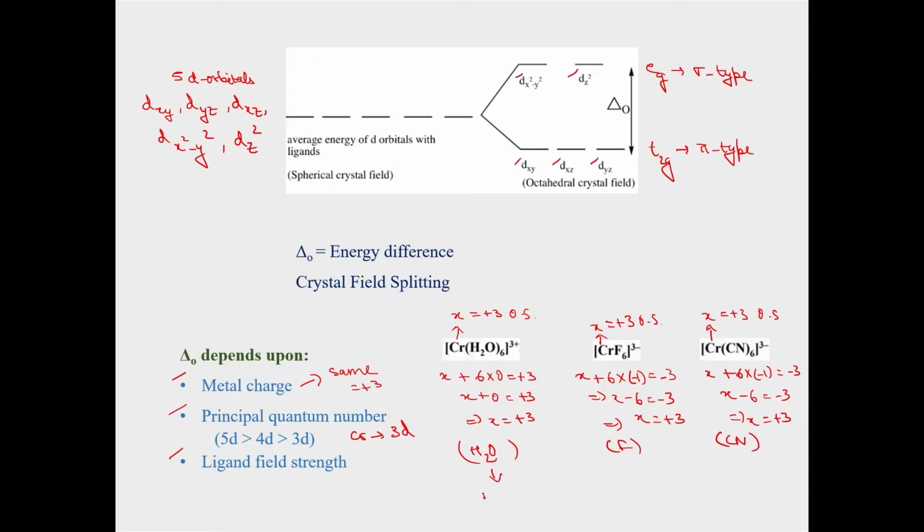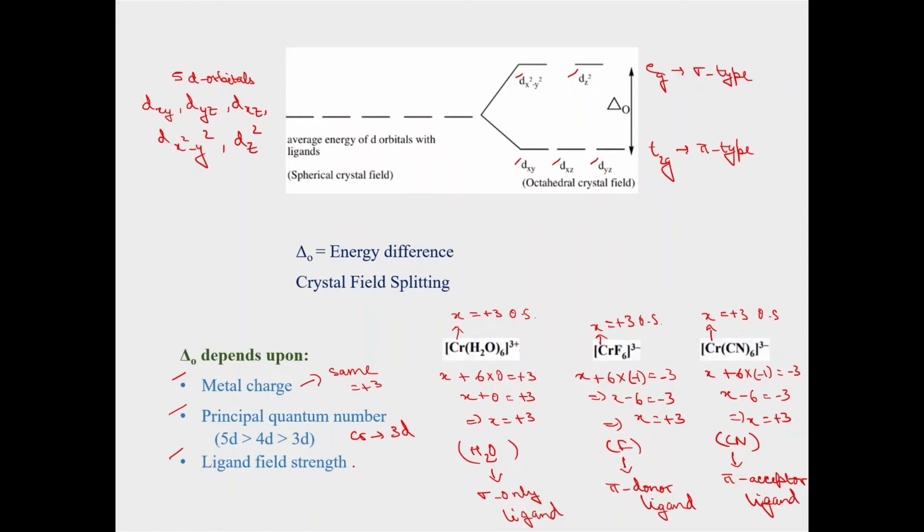H2O is a sigma only type ligand. Fluorine is a pi donor ligand. And CN is a pi acceptor ligand.